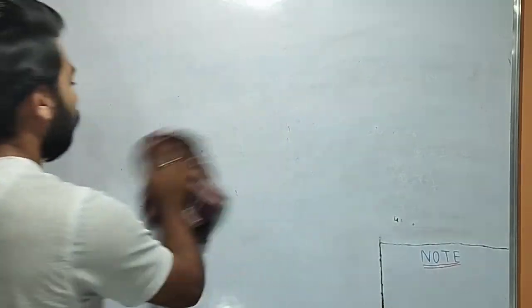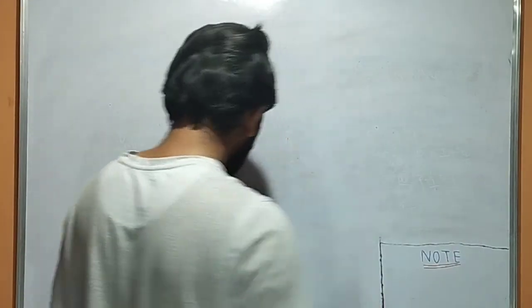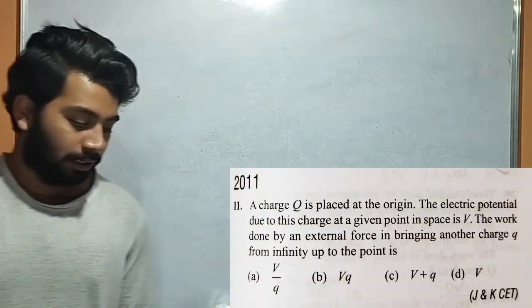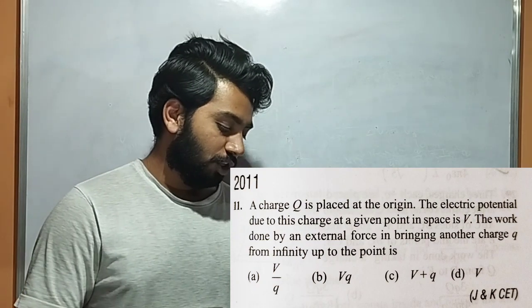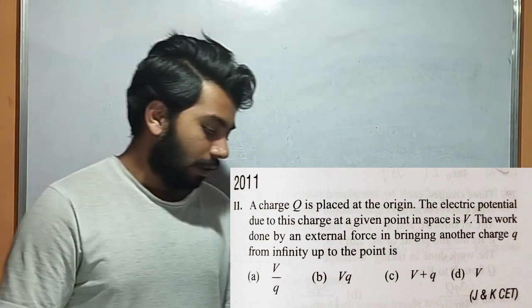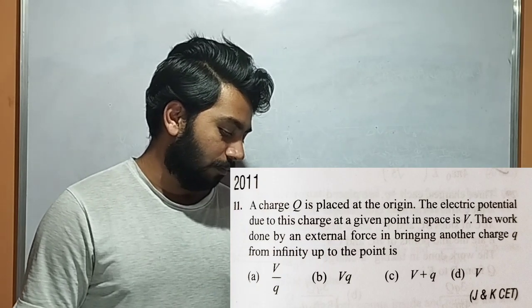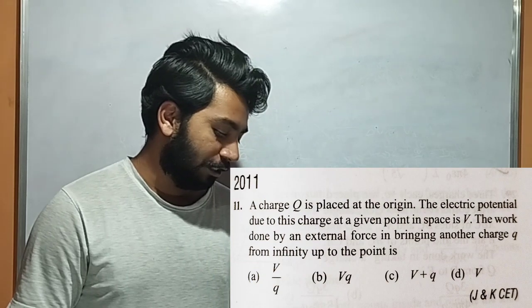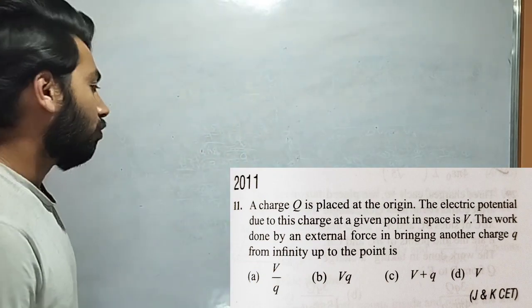Another last problem in this. So what is the last problem? A charge Q is placed at the origin. The electric potential due to this charge at a given point in space is V. The work done by an external force in bringing a charge Q from infinity to that point is? This is also just simple.